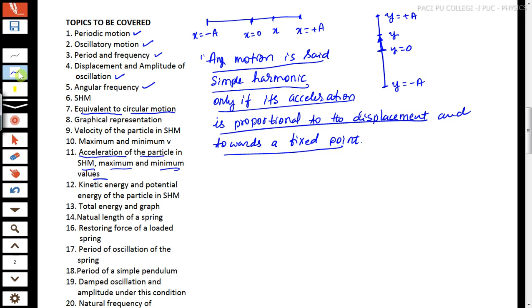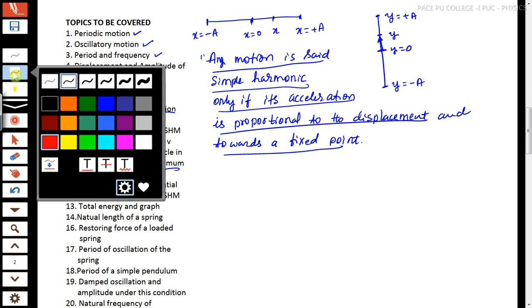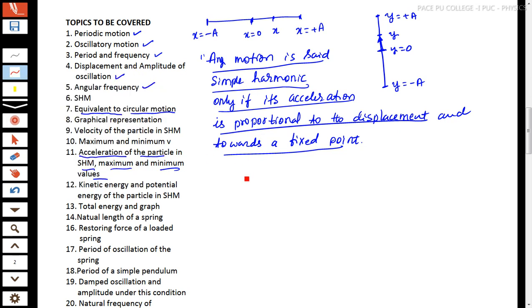The exact meaning I'm going to explain, but how can you write it mathematically? If the motion is horizontal like this one, and this one is vertical, in both cases we can say the acceleration a is proportional to minus x in case of horizontal displacements and a is proportional to minus y in case of vertical displacements.